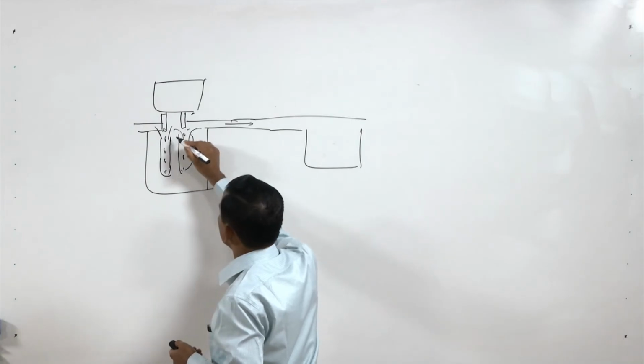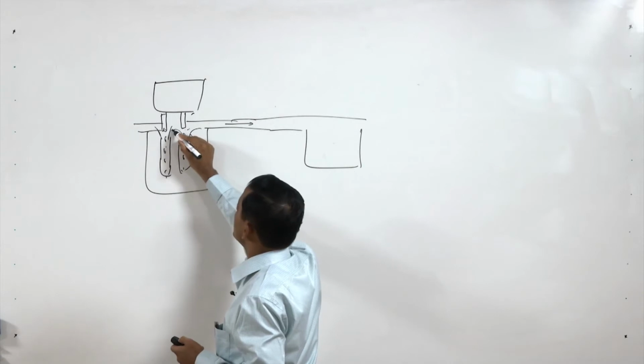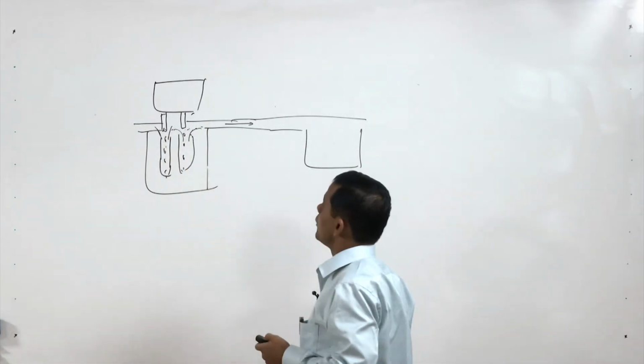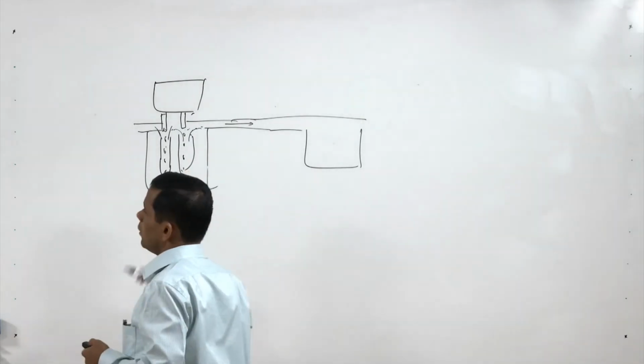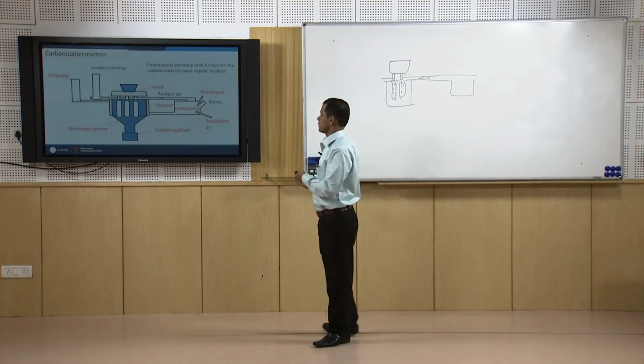Fine materials will not be able to go through this; rather, they may be carried over by the gas generated during the pyrolysis process. That is why this is suitable for coarse, medium and bigger size particles.